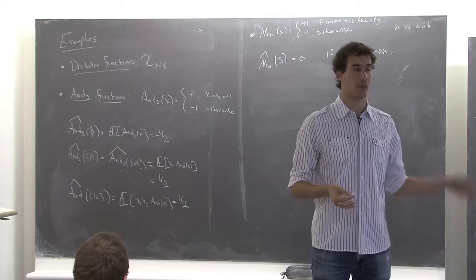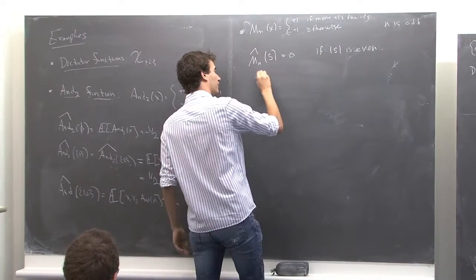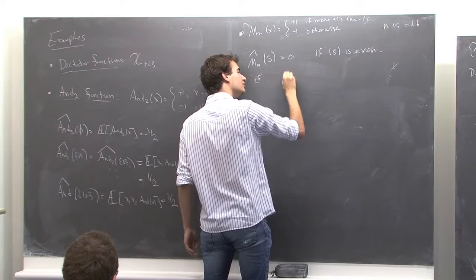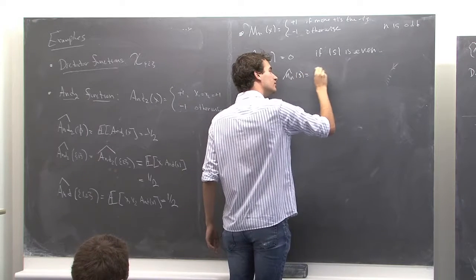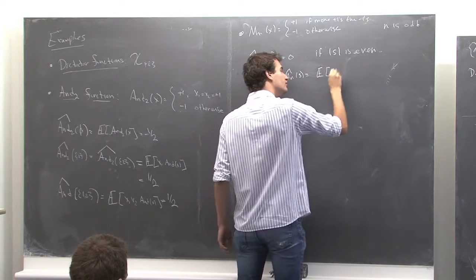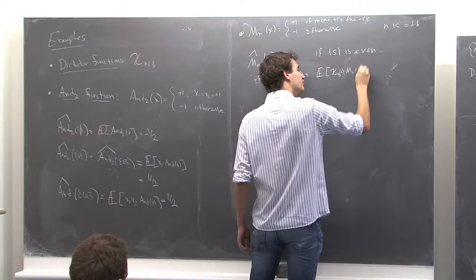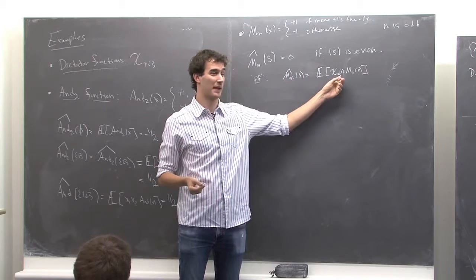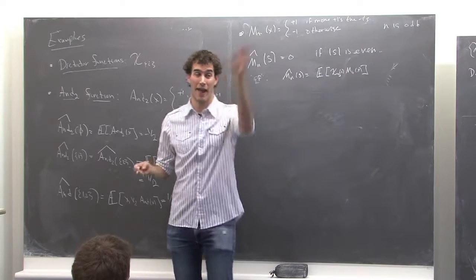But if I consider a situation where S is, so I guess, just as a proof of this, consider the Fourier coefficient. It's given by the expected value of the basis function and the function itself. And just pair x and negative x.